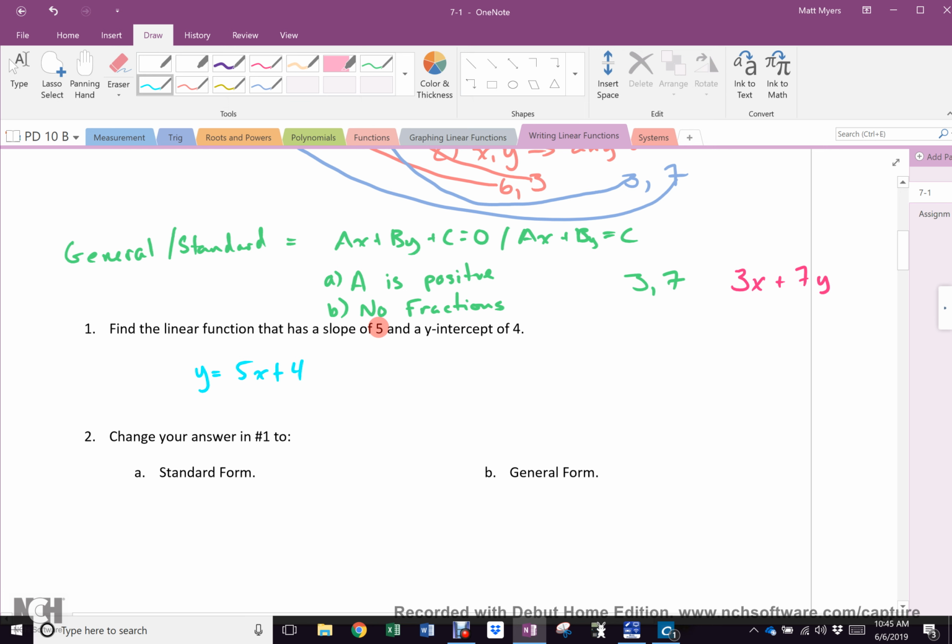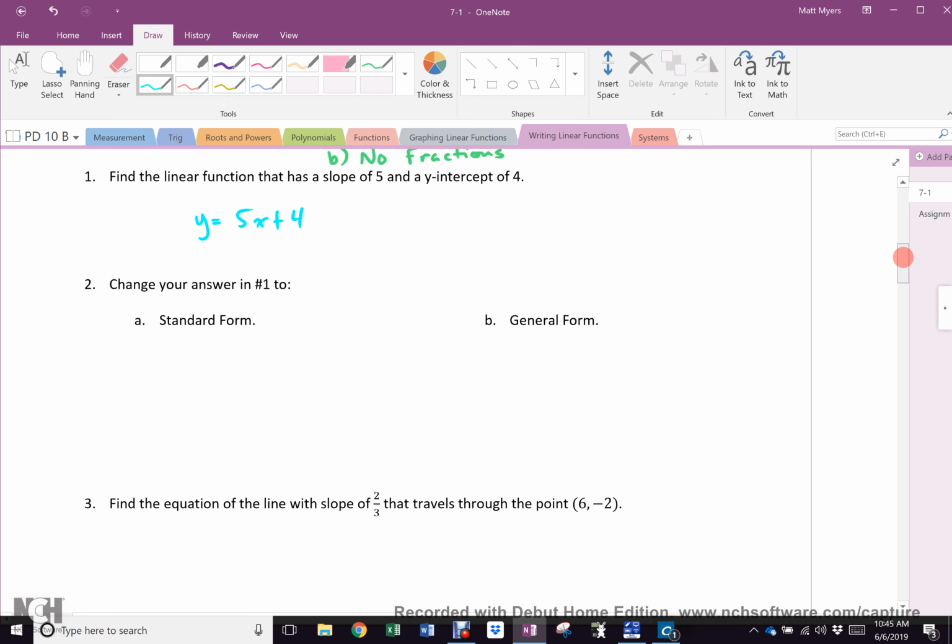No, of course not, because there's 4 versions of that function, right? There's actually infinite versions of that function because we could multiply it out and get the same thing, wouldn't we? So this is an answer. It is not the answer. Everybody with me? Okay, let's find all of the answers.